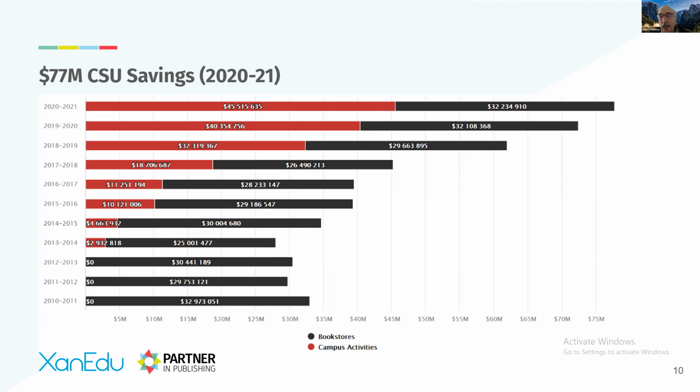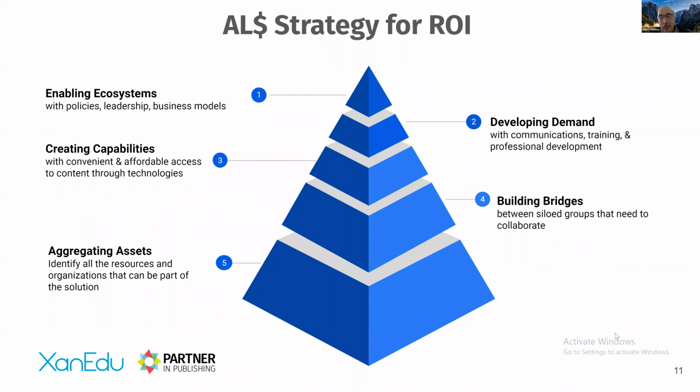By working with all these partners, and especially our faculty development centers and our academic senates, to develop an institutional strategy, we saved $77 million. Now you can see that it takes a while for things to develop over time, right? But the outcomes are substantial.